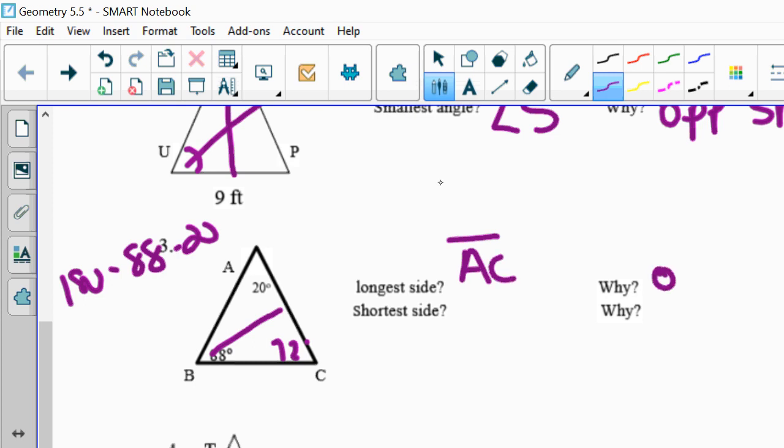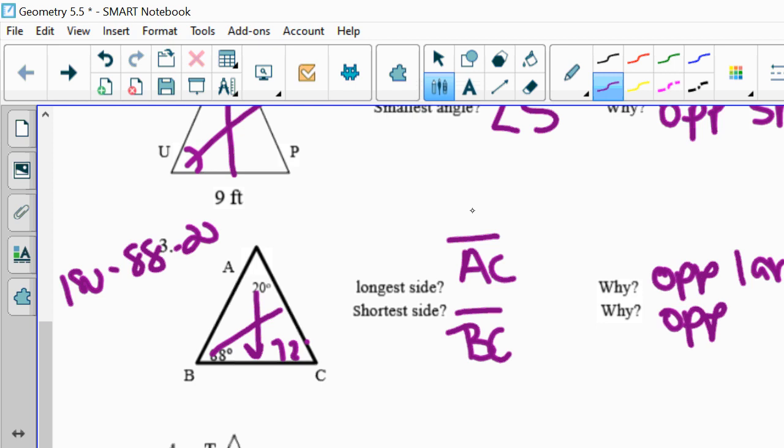Again, because it's opposite the largest angle of 88 degrees. The shortest side, 20 is my smallest angle. So BC, because it's opposite the shortest or the smallest angle, 20 degrees. So if they only give you 2 angles of a triangle, remember we can always find the third angle because we know that they all 3 add up to equal 180.